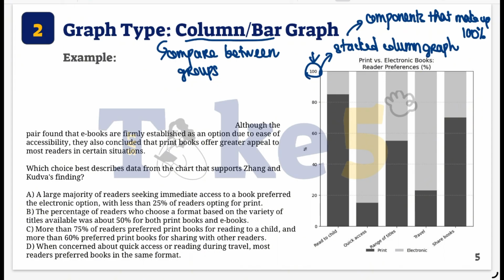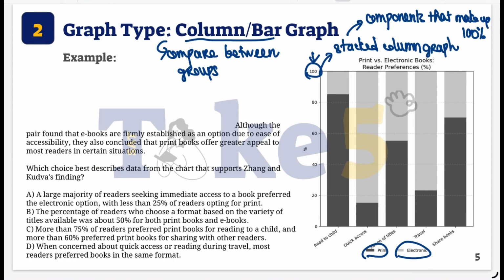in the y-axis. The column represents all situations of book reading, and the two legends in dark and light shades probably represent the percentage of readers' preference for print or ebooks in that genre.